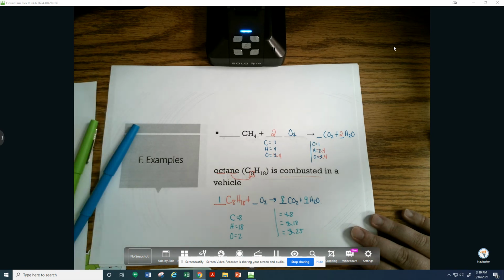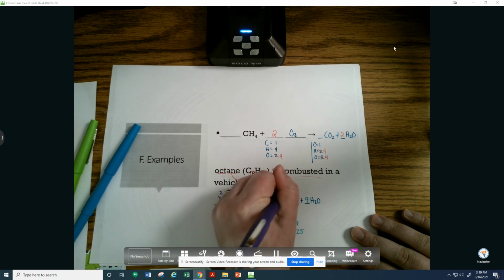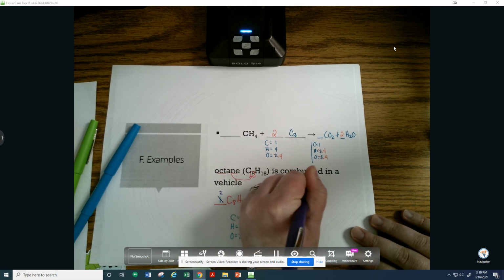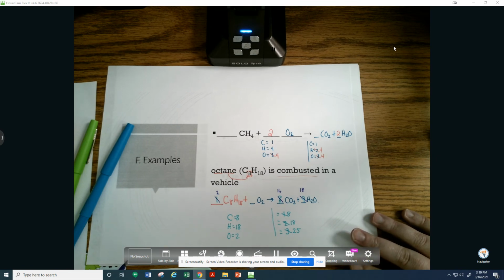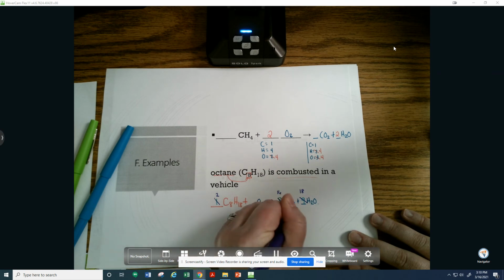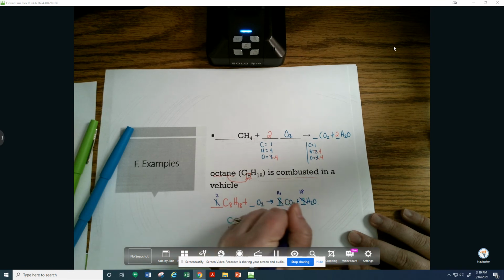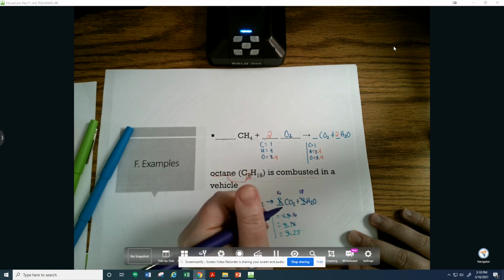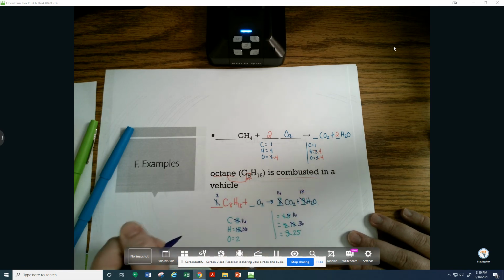So what we need to do is we double everything except the oxygen, what we're trying to balance. What that achieves for us is it gets rid of that odd number of oxygen. So all we've done here is we have 16 and 16, and 36.